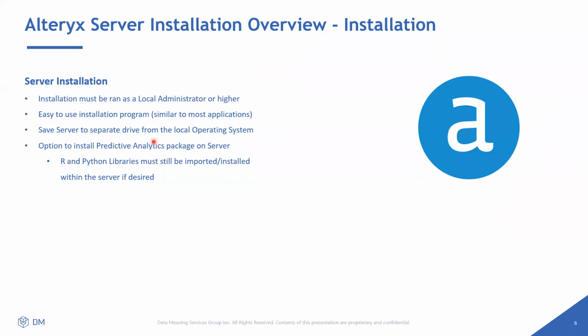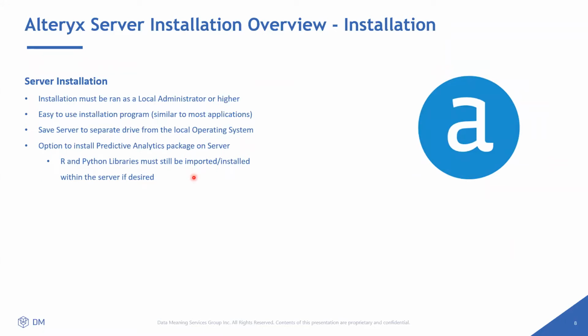Now, when you do the server installation, you are prompted an option to install the predictive analytics package within the server. The big thing to note here, though, is even though you can select this and it will install that, it will not build in and import any of the libraries.